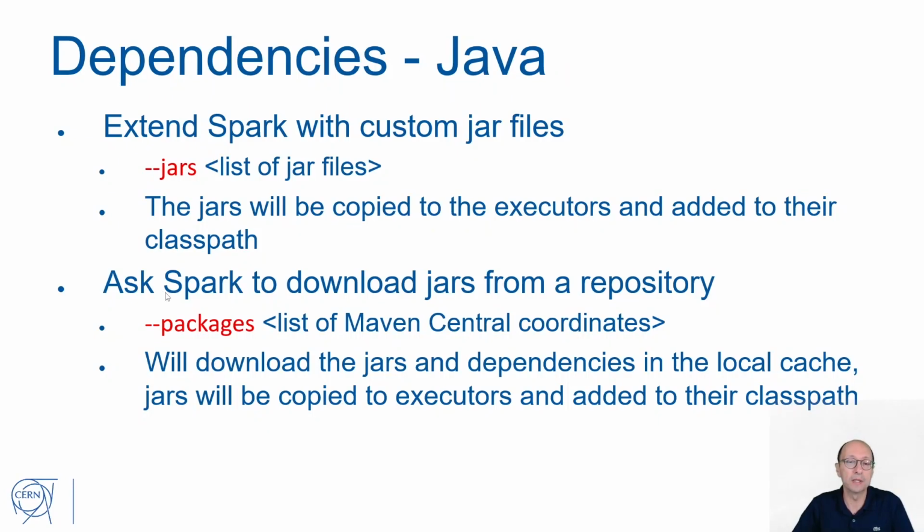Sometimes what you need are just jars that you take from Maven Central, for example, to add some functionality, some logging to Spark. And this is done with --packages. This will go to Maven Central, where the packages will be fetched, and also dependencies will be fetched, put in a local cache, and then the same as with --jars, the jars will be copied to executors and added to their class path.